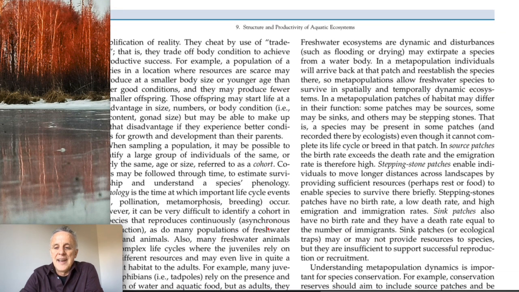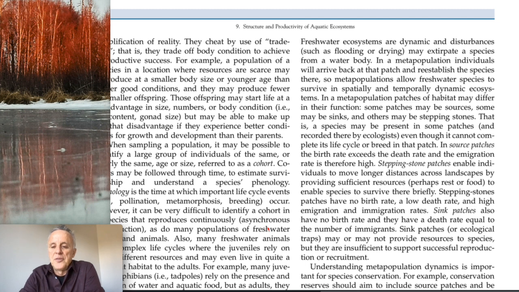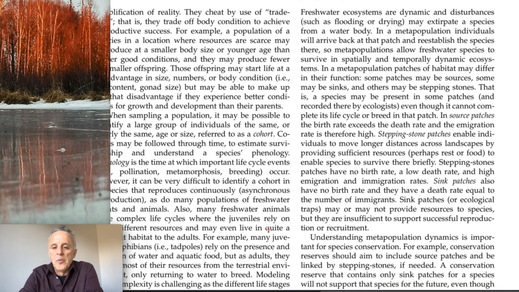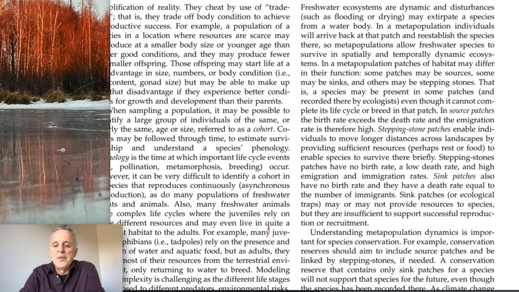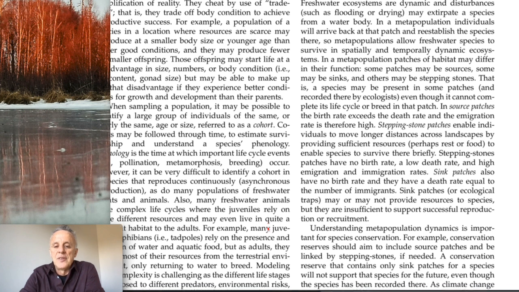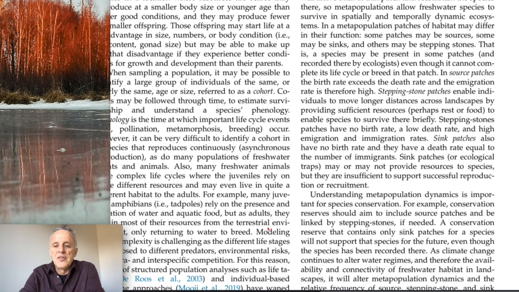Freshwater ecosystems are dynamic, and disturbances may extirpate a species from a water body. In a metapopulation, individuals will arrive back at that patch and reestablish the species there. So metapopulations also allow freshwater species to survive in spatially and temporally dynamic ecosystems. In a metapopulation, patches of habitat may differ in their function.